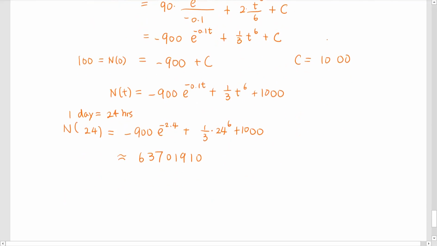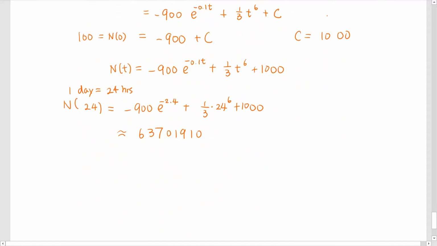So today we talked about applications, and we did the one-dimensional motions: acceleration, velocity, displacements, but we also talked about the distance. When you work with the distance, you have to be careful. You need to sketch the velocity and find the t-intercept and understand when the velocity is positive and when the velocity is negative, so that you can split the integral.